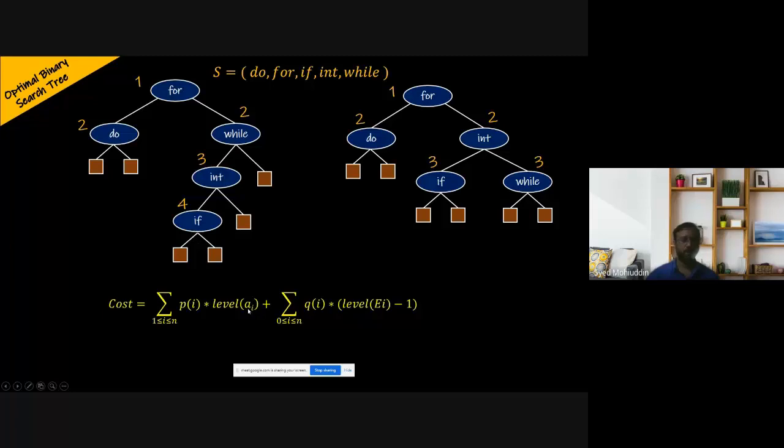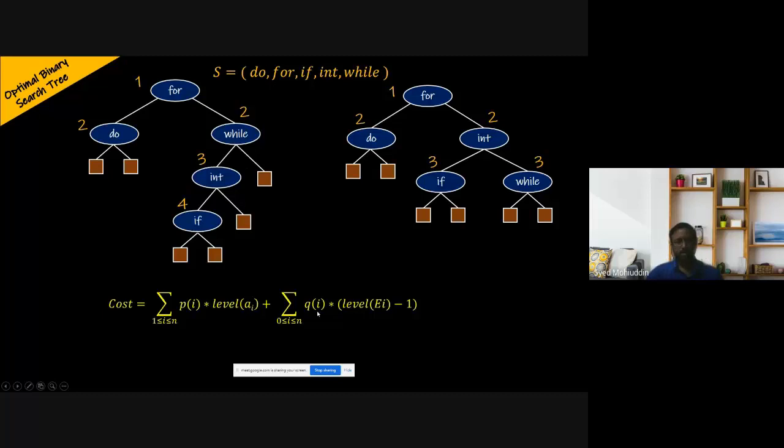A is the internal node, and i ranges from 1 to n for successful search. So this summation of Pi into level of i: the root node will be at first level, its children will be at second level, their children at third level, and so on.